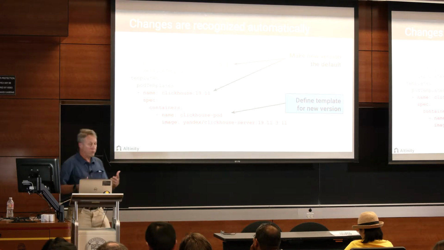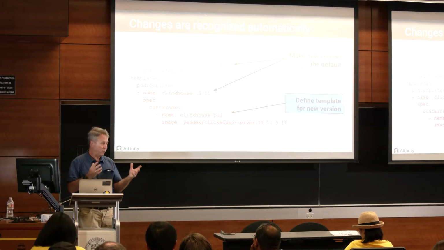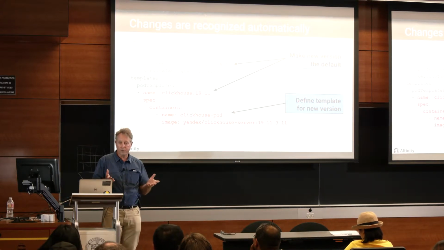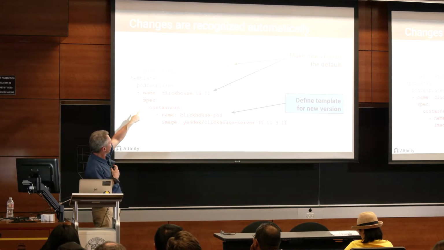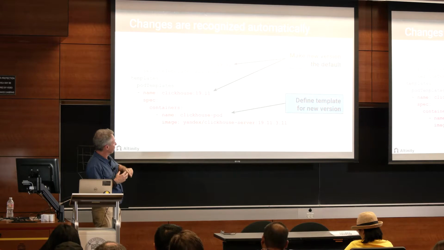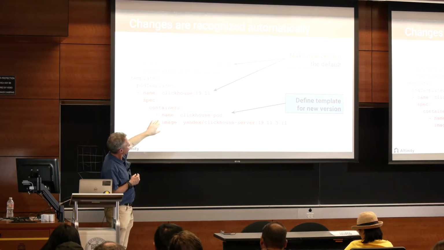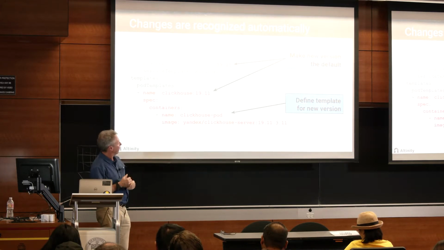And another cool thing that you can do with this template approach is that it's very simple to do operations like upgrade or scale out. I'll just give you a simple example here. I can add a new template, which is named after a new version, and I just say, this is my ClickHouse version, and that's where I find the container.